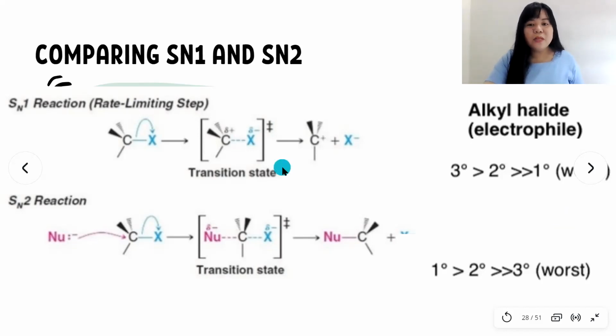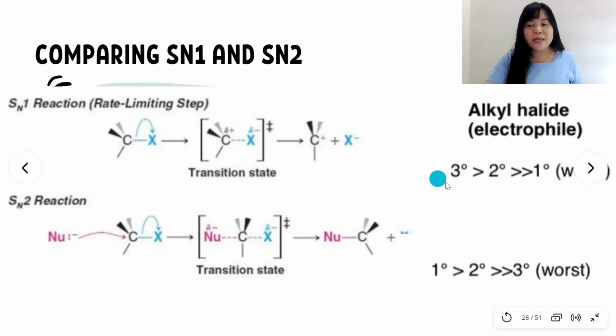Therefore, that would also dictate which alkyl halides are more likely to undergo SN1 or SN2. So for the SN1 reactions, tertiary alkyl halides are more likely to undergo the reaction than secondary alkyl halides and primary or methyl alkyl halides.